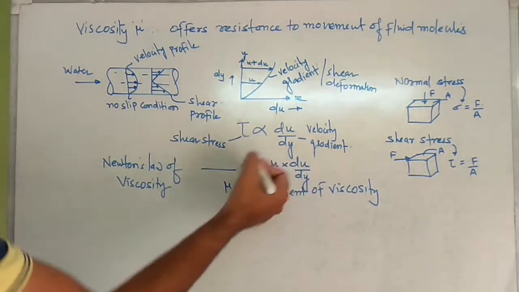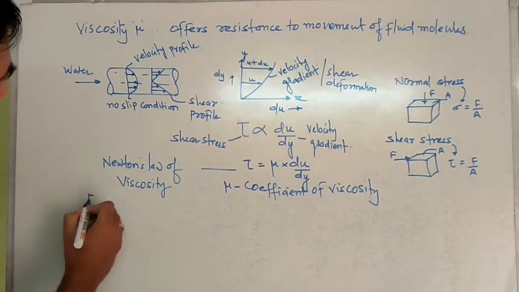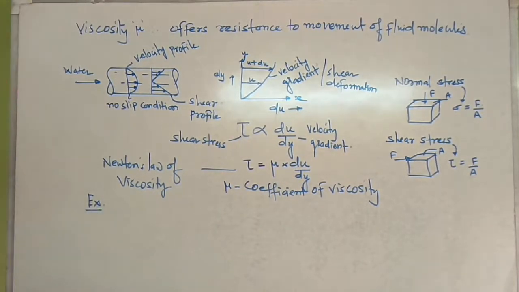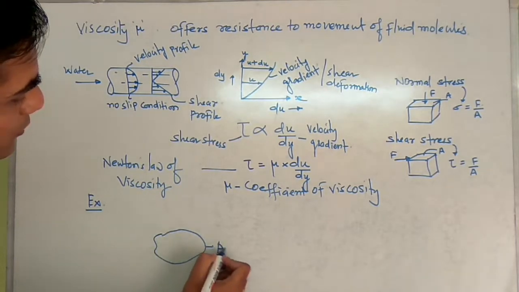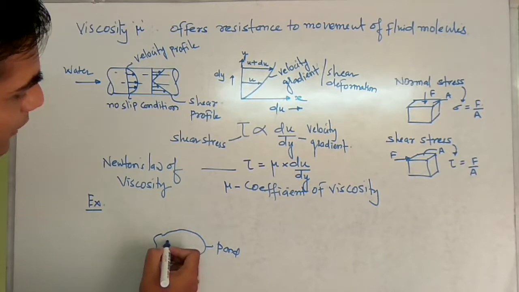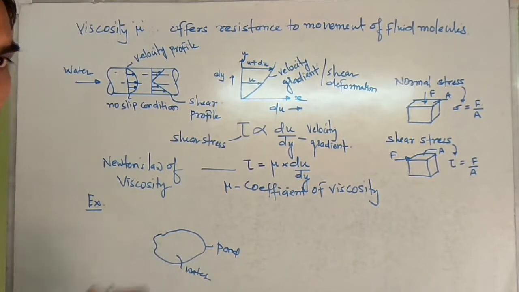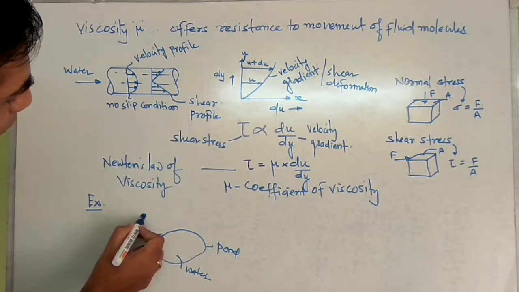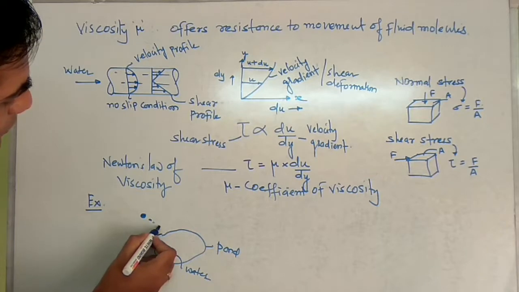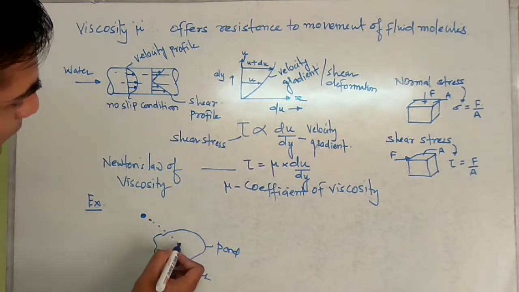If we see this equation by an example, suppose there is a pond, this is pond, and there is some water here. If we drop a stone like this in this water, what happened?